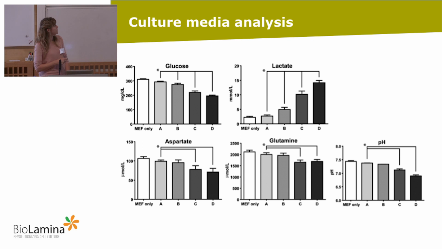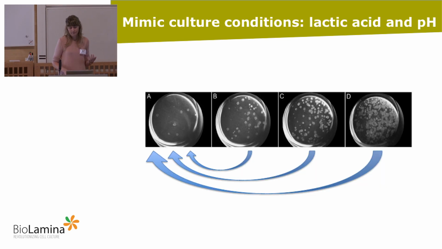So what you see then is that this is the mimicked condition: if you add more lactic acid to the medium, your DNA damage goes up in the same way as it did just by having the cells grown at high density, and your pH goes along the same lines. So you have the acidification of your medium, and basically the same thing happens.